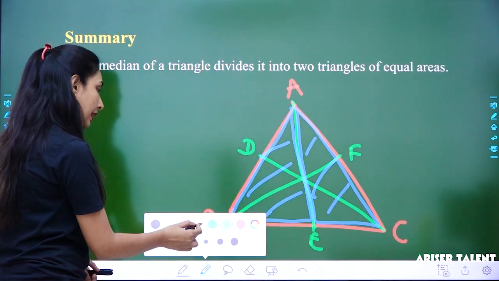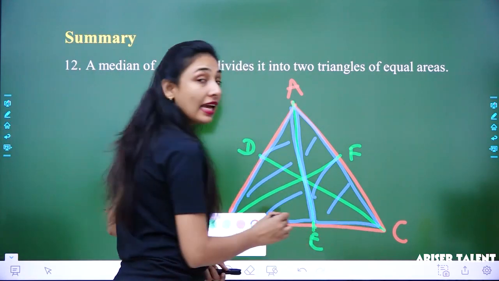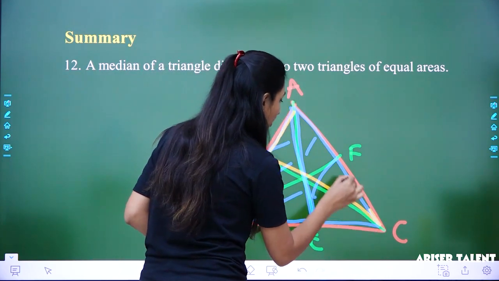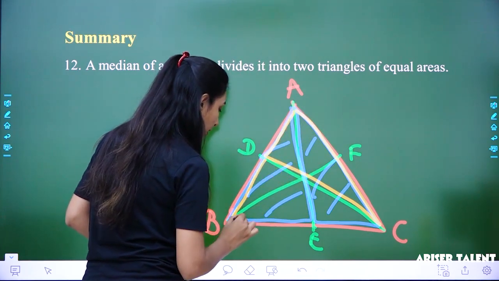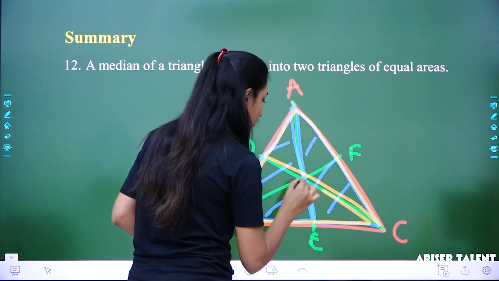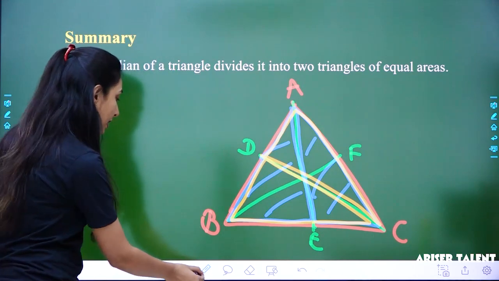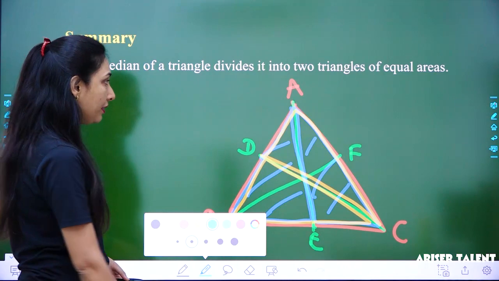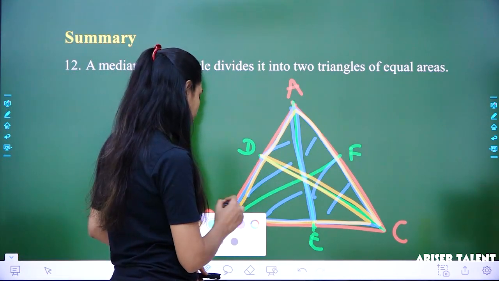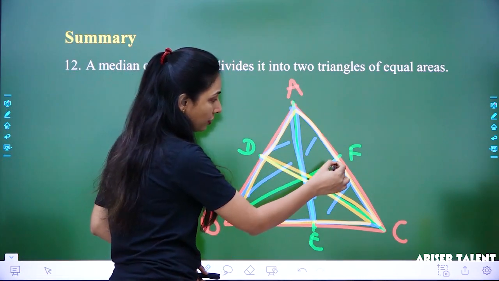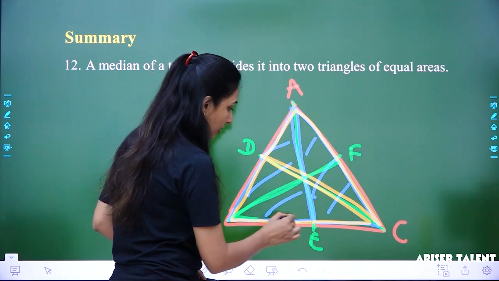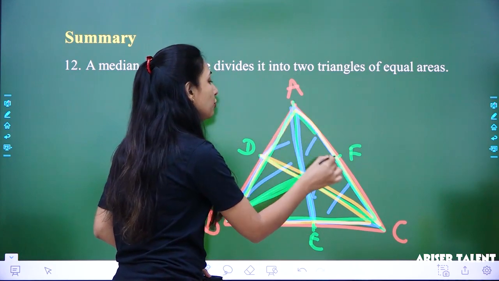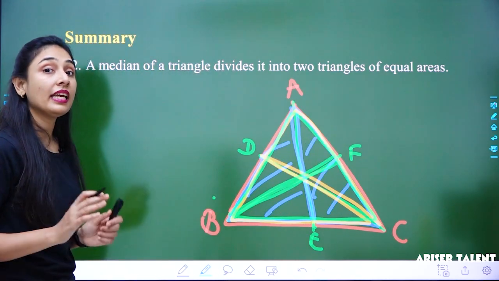Next, if you have this DC as your median, then this area will be equal to this area. Now, if you have this FB as your median, this area will be equal to this area. So a median divides the triangle into two equal areas.